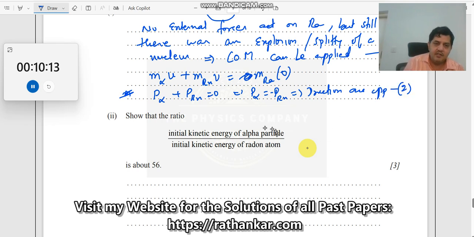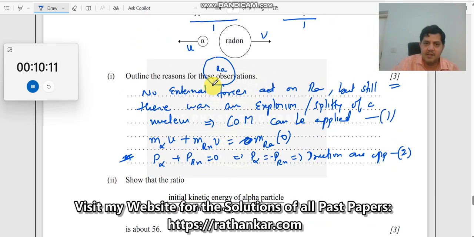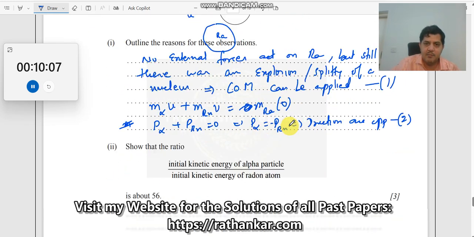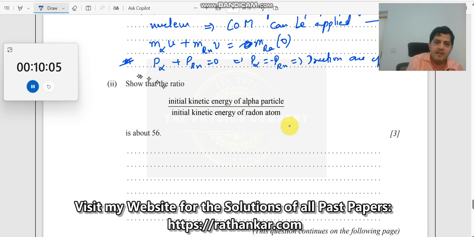Second mark. Third mark, what is the third mark? Third mark, it asks you about why they move at different speeds. Why different speeds? Alpha and radon have different masses. Therefore, from here what do we have? m alpha v alpha is equal to m radon v radon.